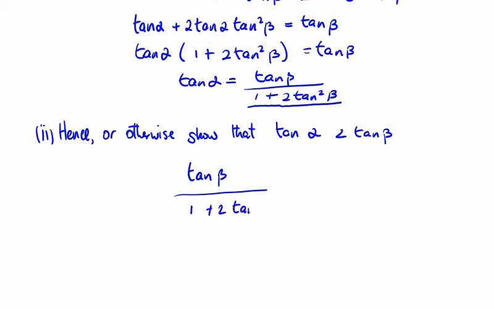So tan beta over 1 plus 2 tan squared beta is less than tan beta, because we're reducing the value of the top by dividing by a number greater than 1. So tan alpha is equal to this, which is less than tan beta. Therefore, tan alpha has to be less than tan beta.